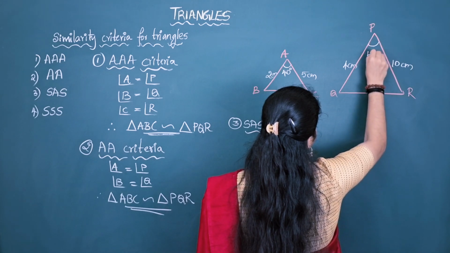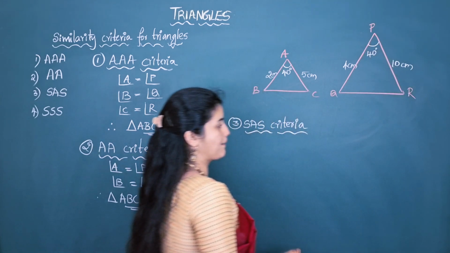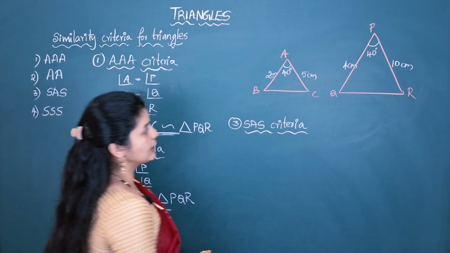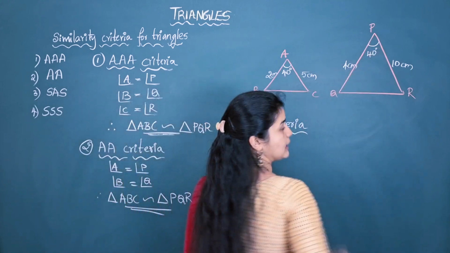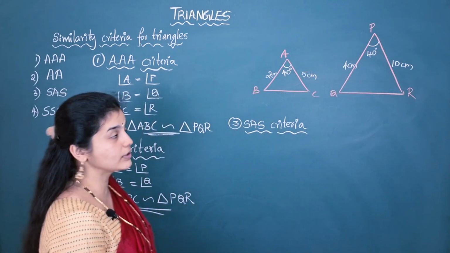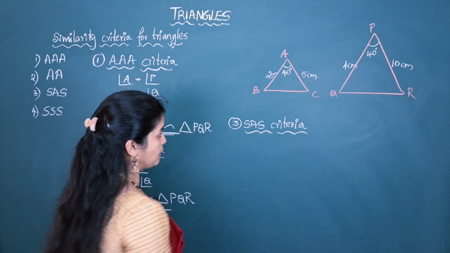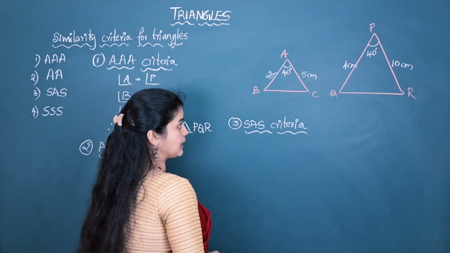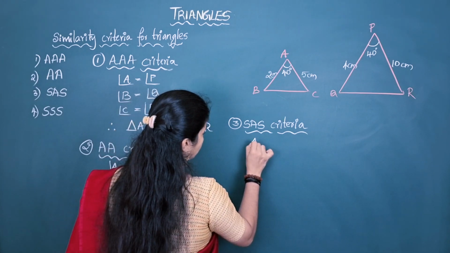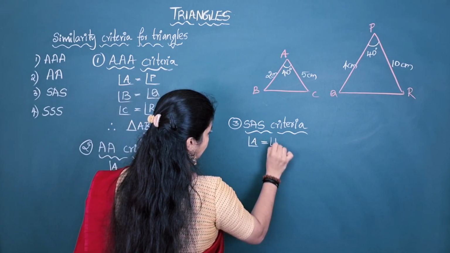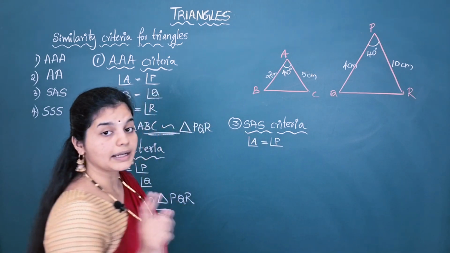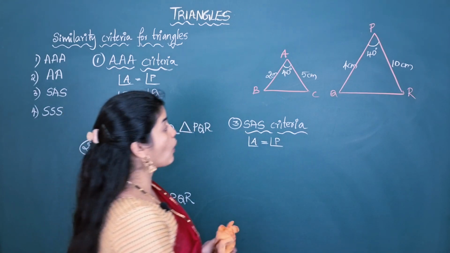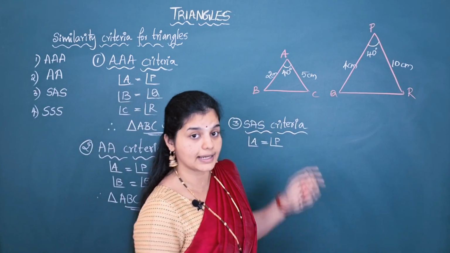This angle is 40 degree. Now you see the including angles with respect to the sides are equal. So angle A is equal to angle P.